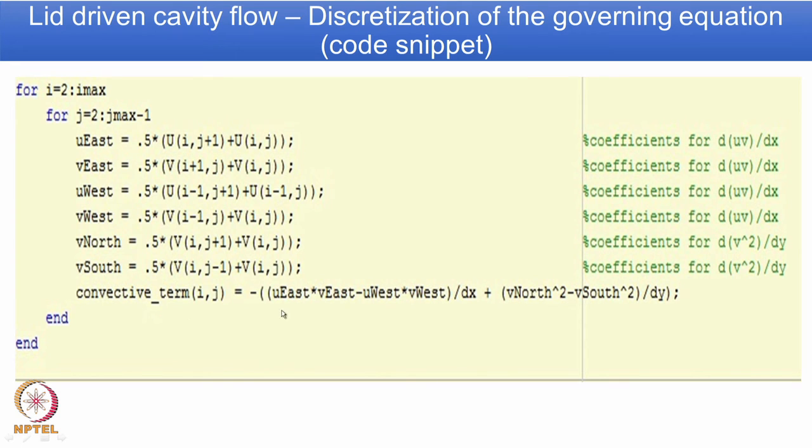Then all are put together as convective term I comma j equal to minus one term plus the other term. These are individually written here, coefficients for d u v by dx, coefficients for d u v by dx and so on for each line.